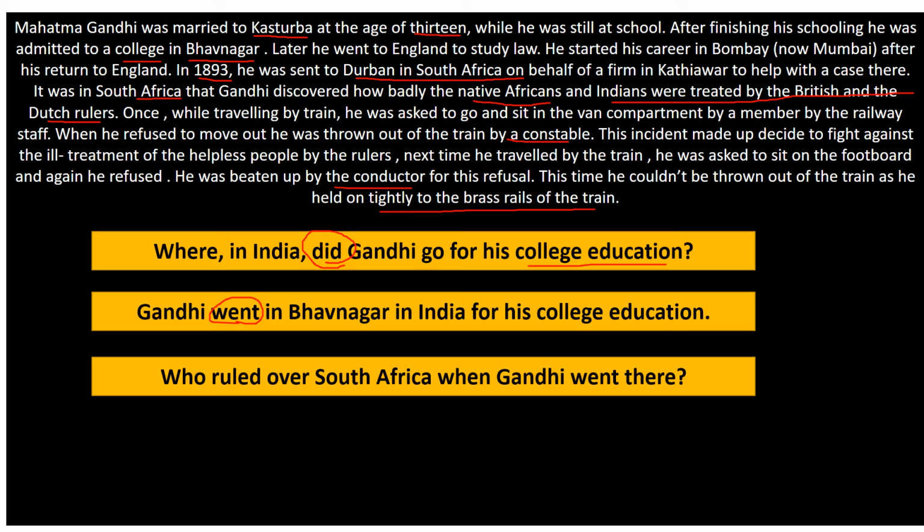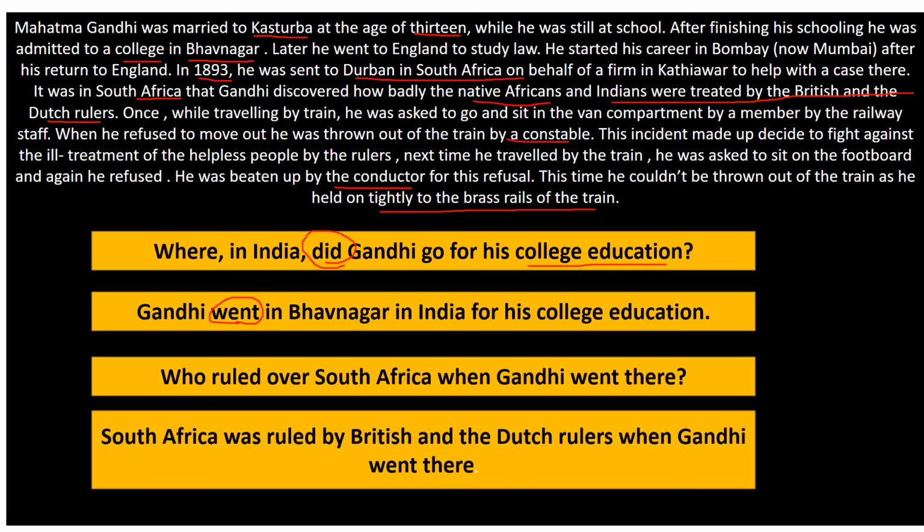So my answer will be British and Dutch rulers, because they were treated badly just because of who ruled over there, the British and the Dutch rulers. So my answer will be: South Africa was ruled by the British and the Dutch rulers when Gandhi went there. This is the answer. So in this manner we need to solve comprehension.